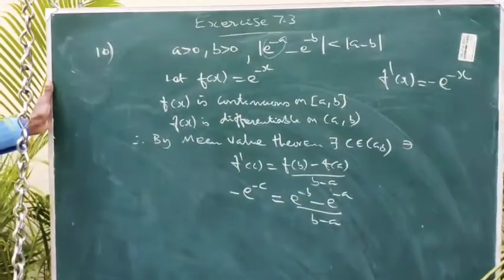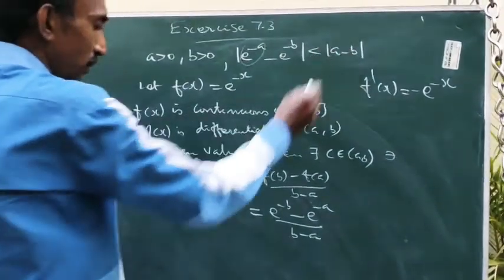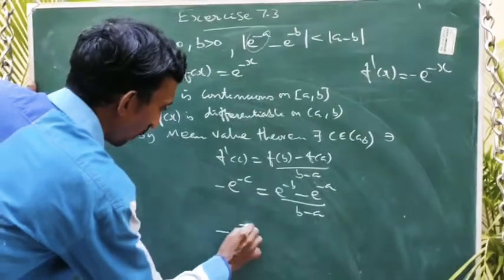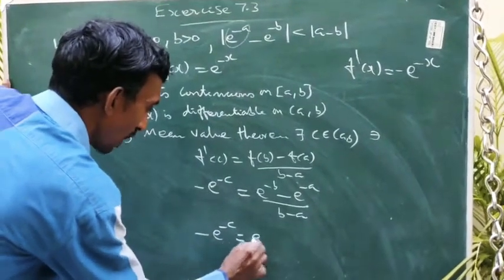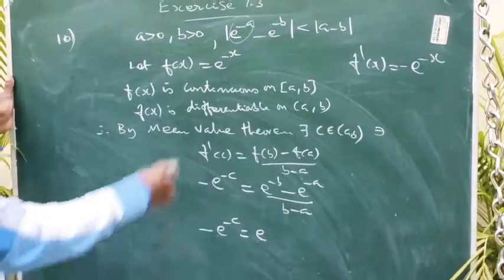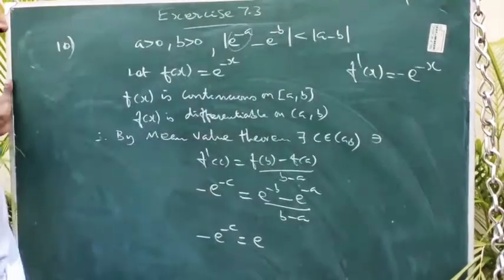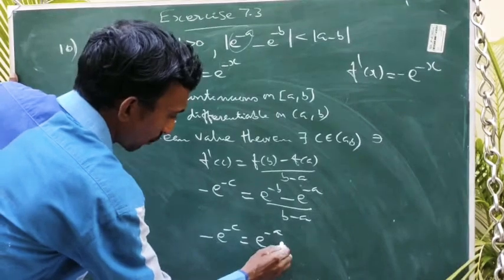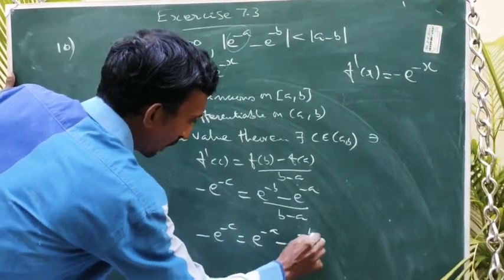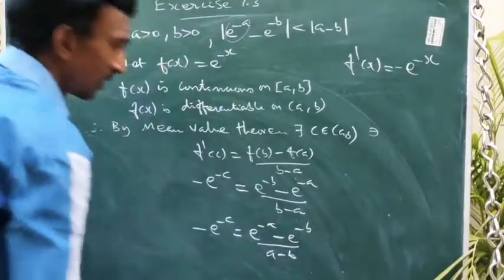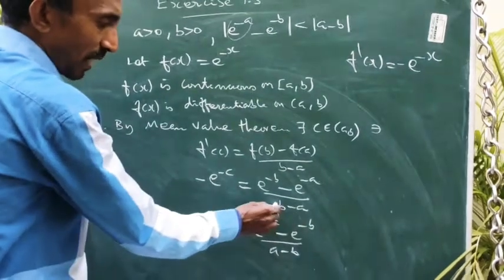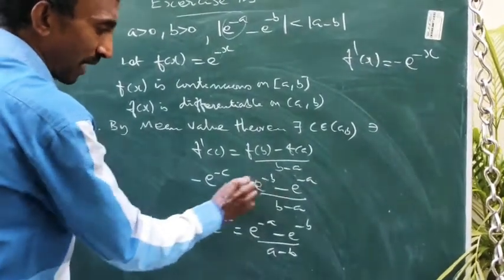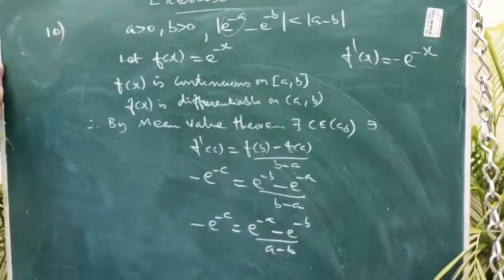Look at the answer. It is a minus b that is present. So e power minus c equal to... what is our aim? We have to prove this one: e power minus a, e power minus b by a minus b. If we write this as a minus b, we get a minus sign. You multiply here, it becomes e power minus a minus e power minus b by a minus b.